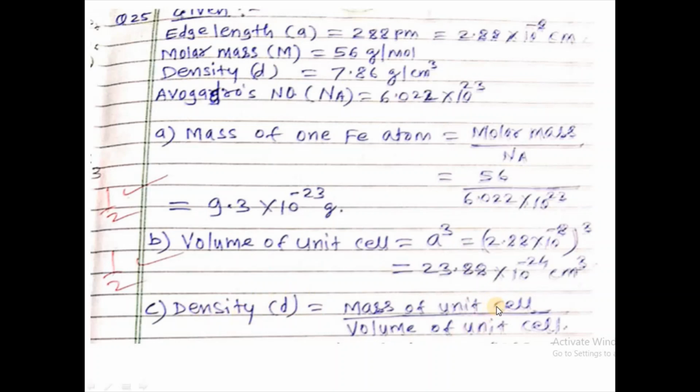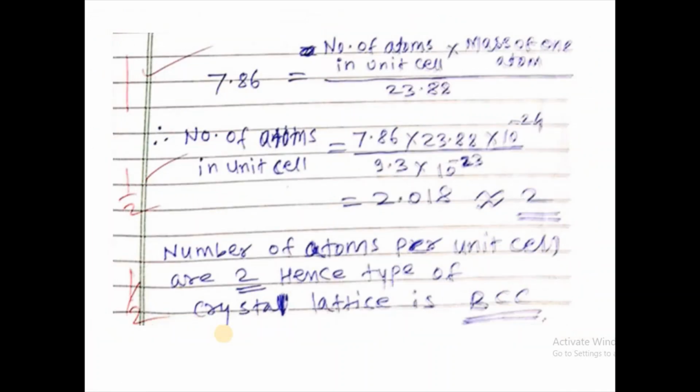Mass of unit cell is mass of one atom of Fe into the total number of atoms. Here the total number we don't know, we can calculate it because we know mass of unit cell, volume of unit cell, and density. Hence 7.86 is equal to number of atoms in unit cell into mass of one atom, divided by 23.88 into 10 raised to minus 24.